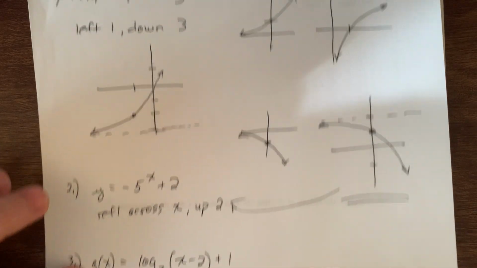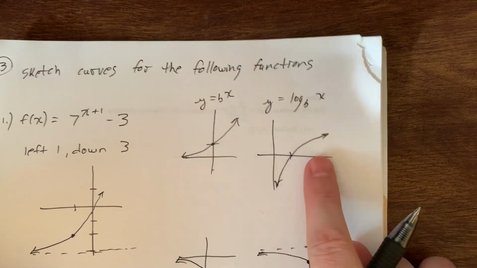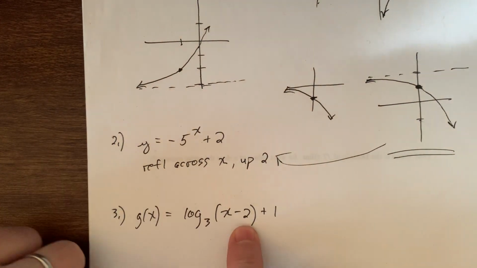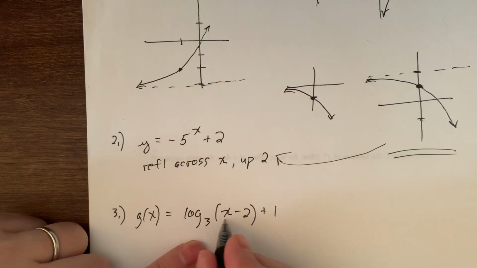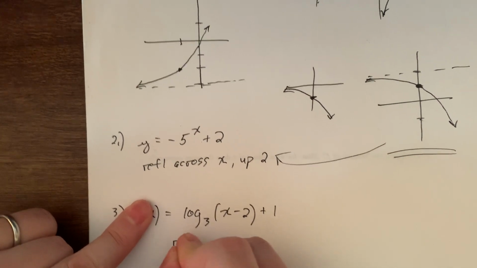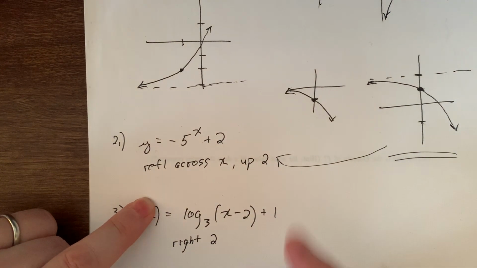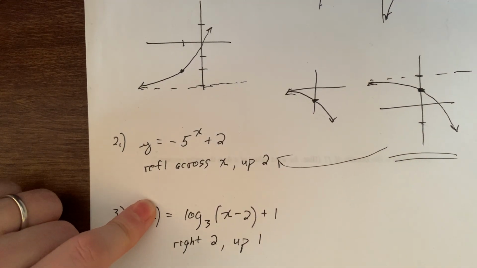Well, this is a log function. So now I'm using this as my base graph. But this is only plain log x. This has an x minus 2. That minus 2 is inside the parentheses, inside the argument that goes with that log. So that's going to be a shift of right 2 units. And that plus 1 comes at the end outside, so that'll be up 1.